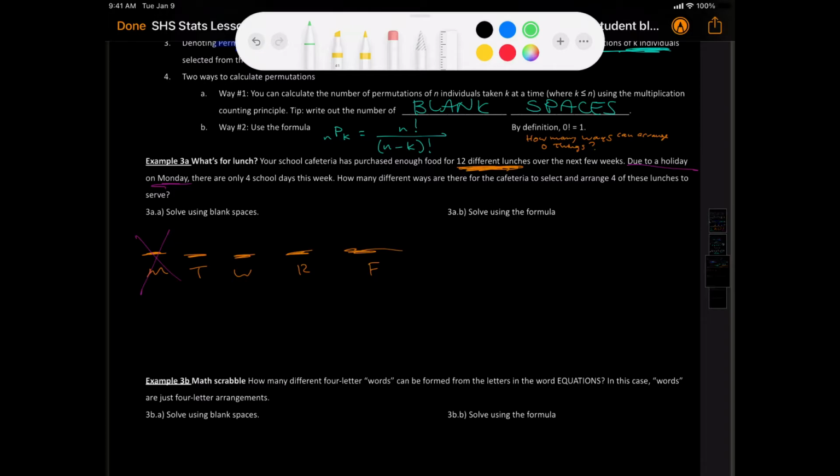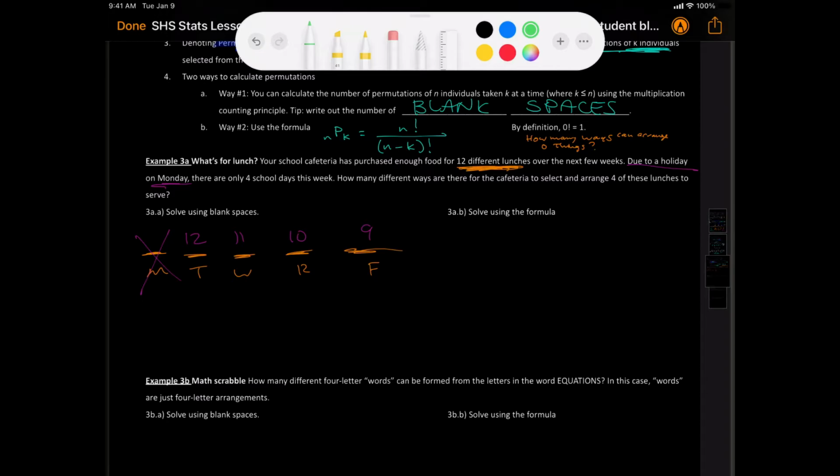Okay, from the 12, on Tuesday, how many can you choose from? You can choose from the 12 different types of lunches. Maybe you have nachos, pizza, burritos, salad, french fries, all that stuff, right? Well, if you use one and you don't want to repeat it, then the next day you have 11, 10, and then 9. Now, here's the difference between this and the basic multiplication principle from learning target number 1: you don't have 12 spaces.